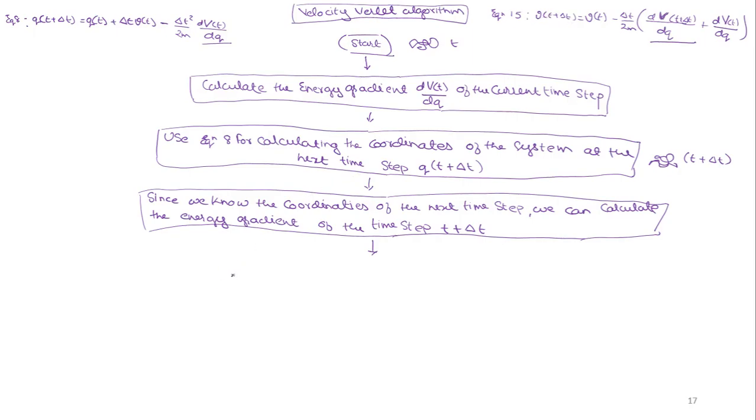What we are supposed to do is compute the velocities of the next time step, that is this term, v of t plus delta t, using equation 15, right?